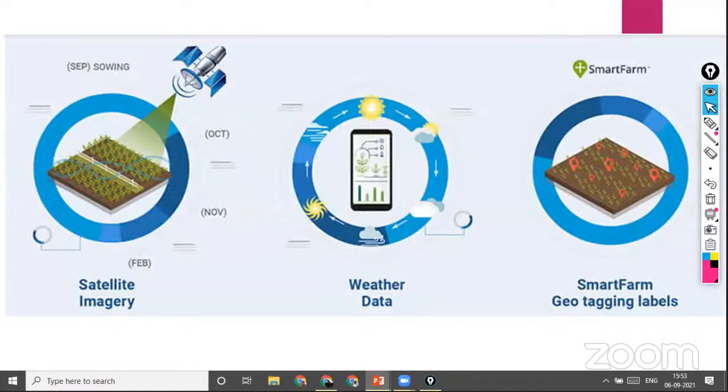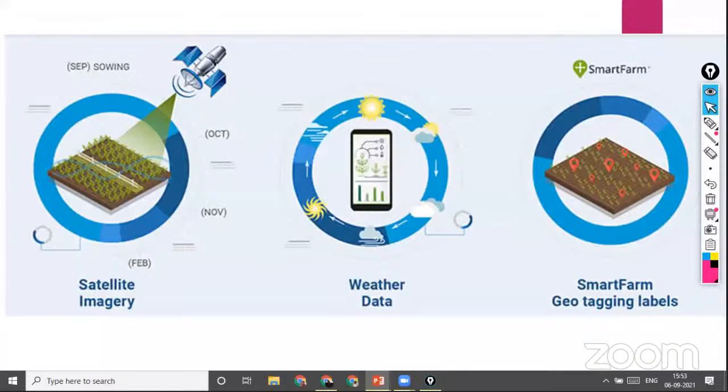And from the data set point of view, as I said, using Google Earth Engine, remote sensing data is freely available now, and it requires only a few lines of code to fetch it into your Google Drive. Weather data is also available through a lot of APIs.